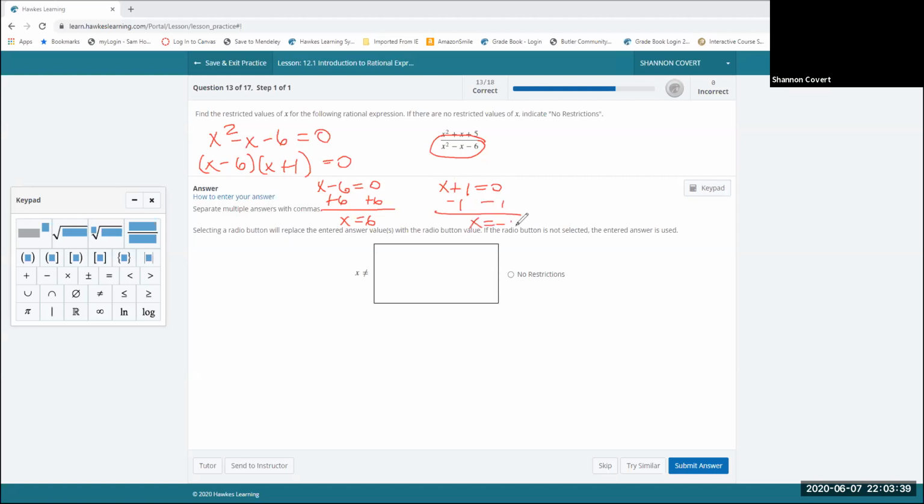X equals negative 1. Clean this up a little bit. Type in down here in this box. My two solutions are negative 1, 6.